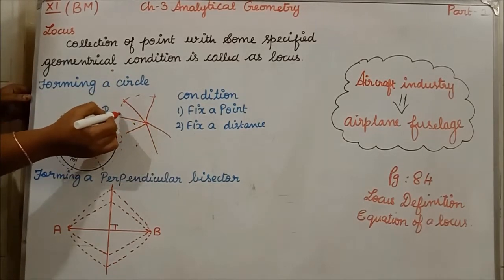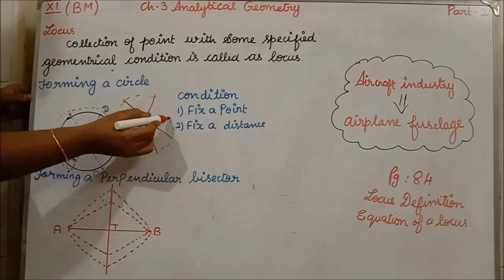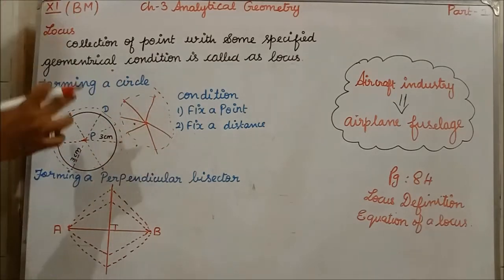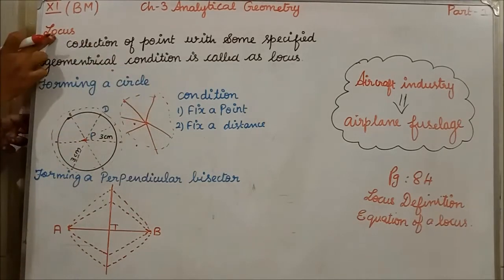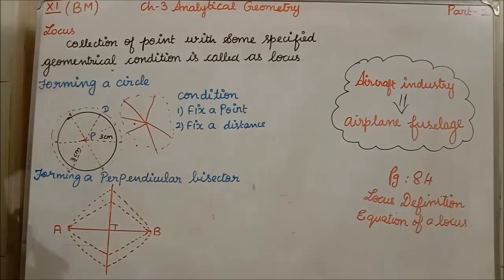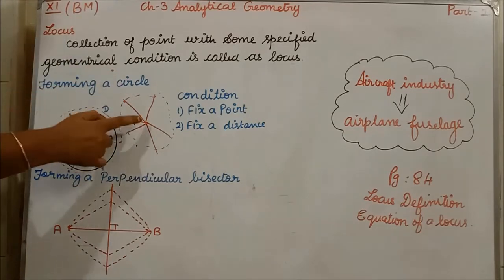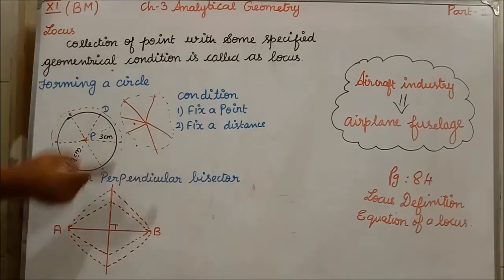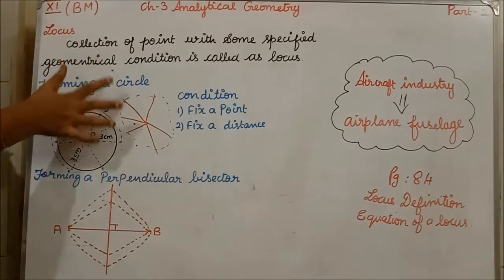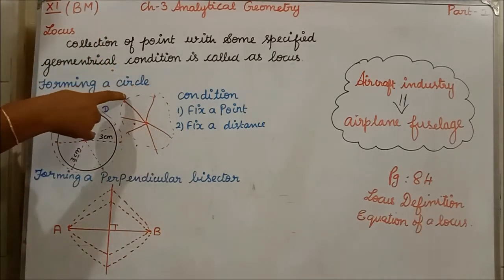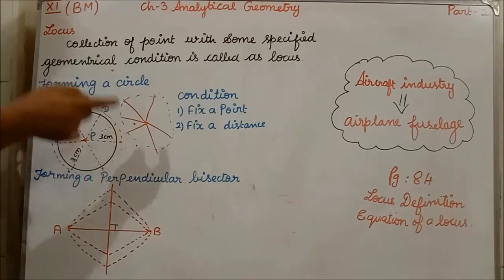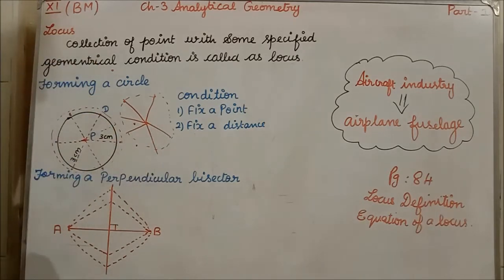You have to trace a moving point under some specified geometrical condition, which is called a locus. Clear? To form a circle, what do we have to do? We have to take one fixed point and a fixed distance. Once you have fixed 5 centimeter, you trace the path by moving a point under the specified geometrical condition, which is called a locus. Clear now, students, what is locus?